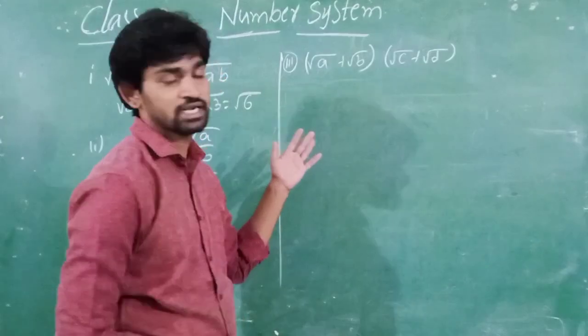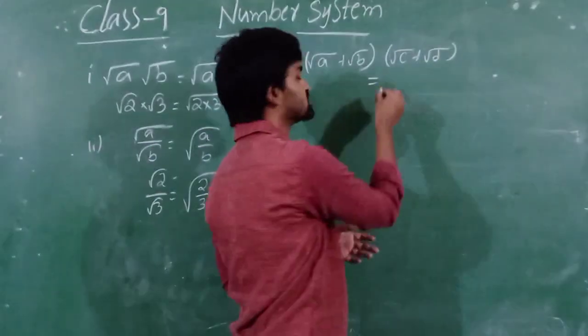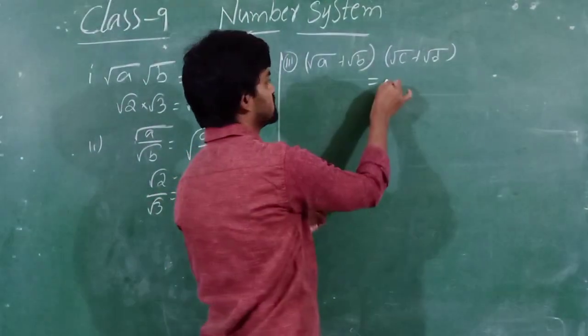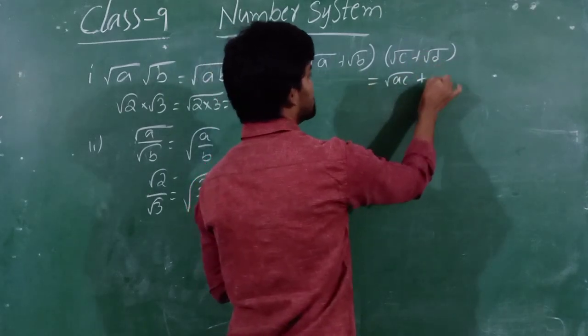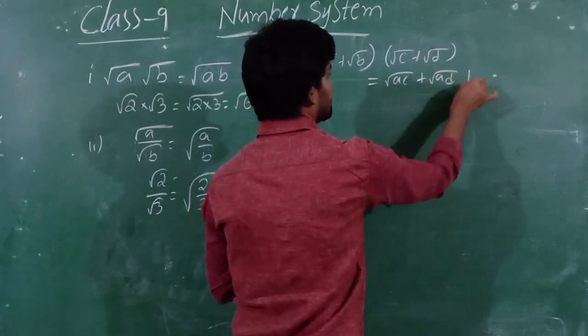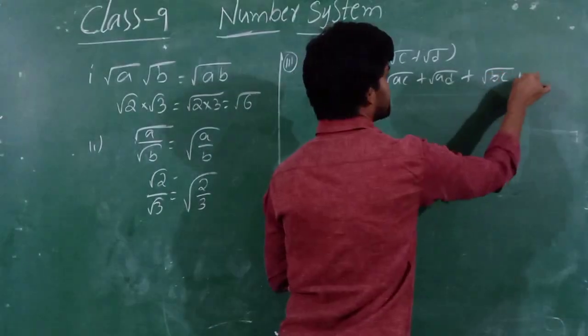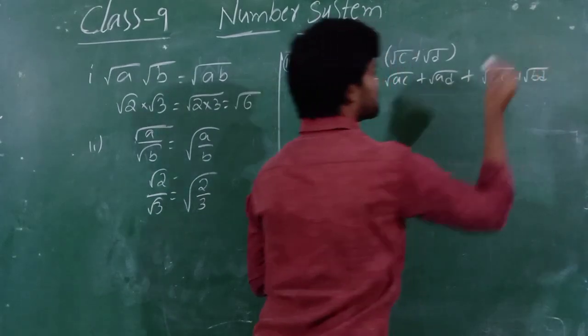Order may be different from your textbook, means identities order may be different. Now root a into root c is root ac plus root a into root d is root ad. Next, root b into c is root over bc. Next, root over b into d is bd.